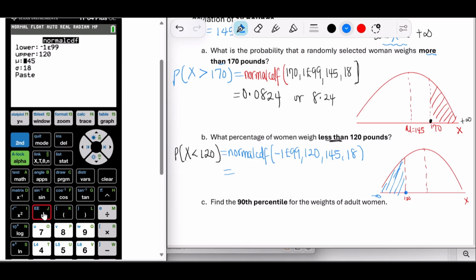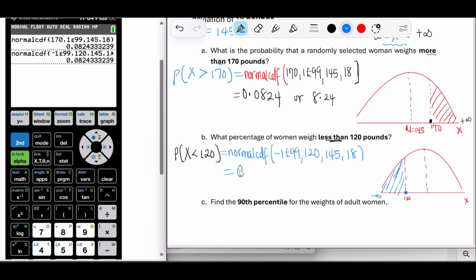And for the mean, we have the same thing, sigma, the same thing. Then we can paste. So here we have 0.0824.